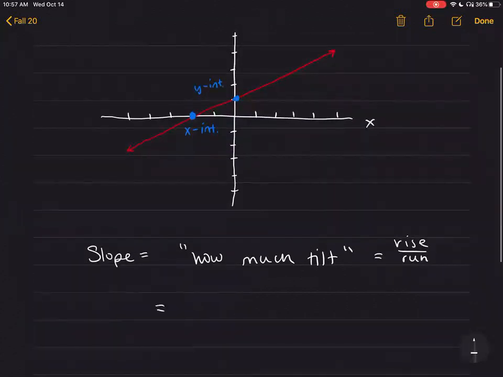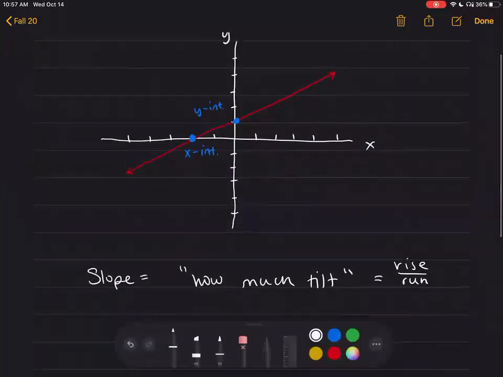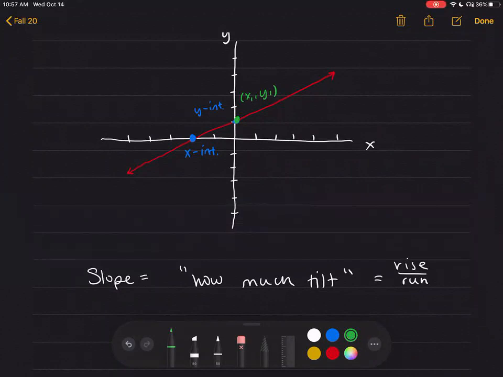More concretely, if we pick 2 points on the line, say x1, y1, and then if we pick this point right here, x2, y2.